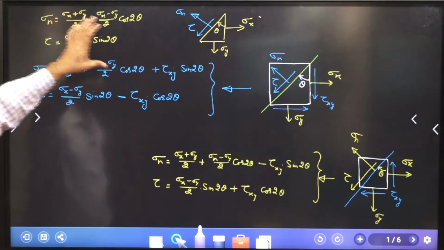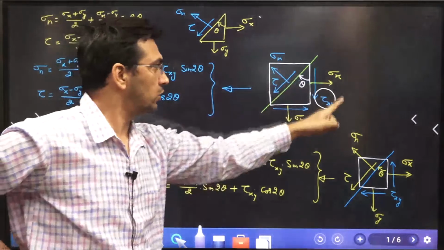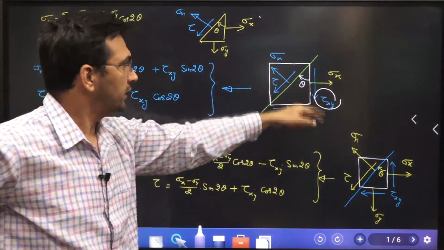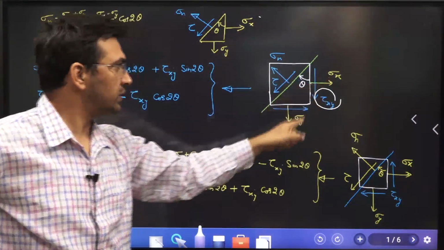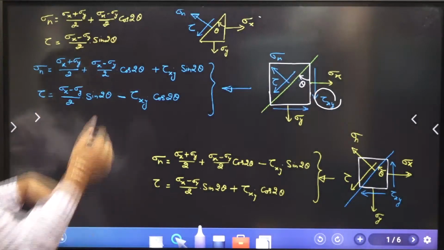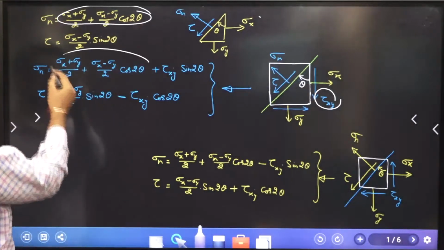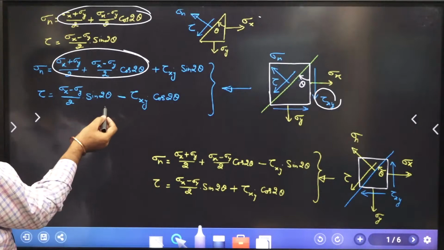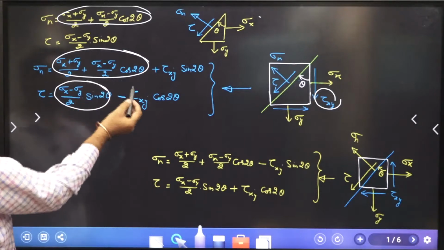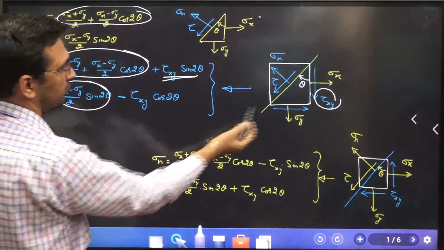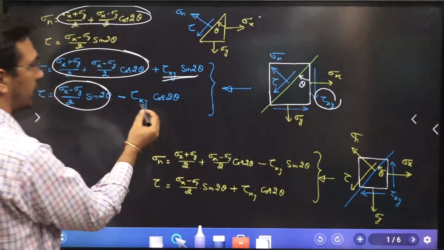Now, if you extend it and apply shear stresses also, in addition to the normal stresses, then these terms remain the same. See, this is exactly the same, and this is also the same. The only difference is this additional term, which is because of tau xy acting over here.